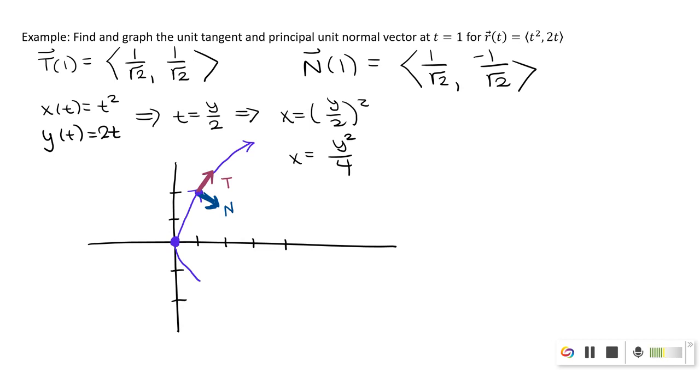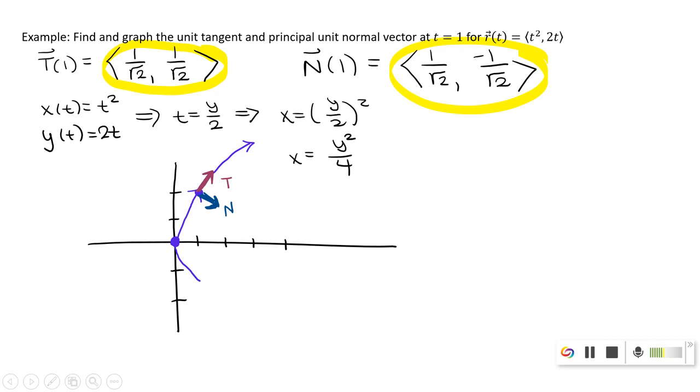When we say two vectors are orthogonal, it's equivalent to saying they're perpendicular. And so what that means is notice that if you compare our tangent vector with our normal vector, the components are always going to be flipped, and one of the signs is going to be different.